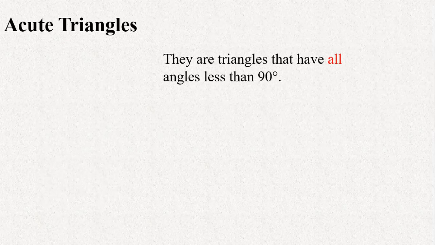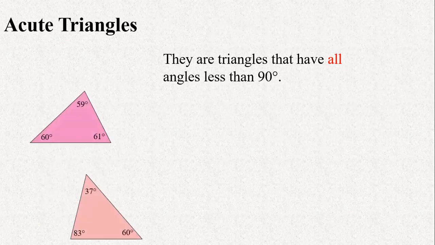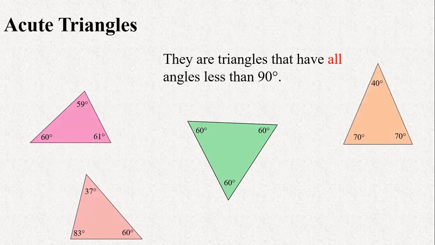Acute triangles are triangles that have all angles less than 90 degrees. Here, the important point is all. Let's look at examples. We see that all angles of these triangles are less than 90 degrees and we call them acute triangles.